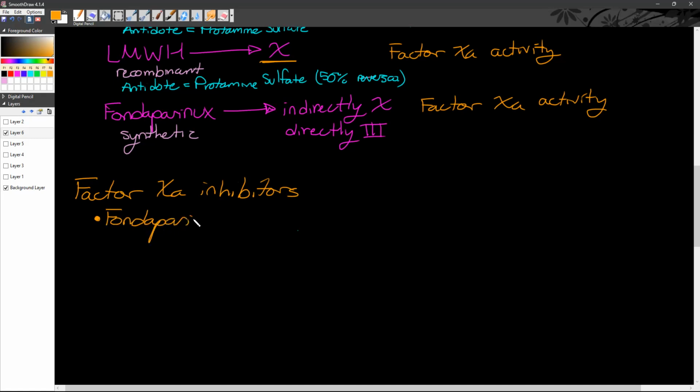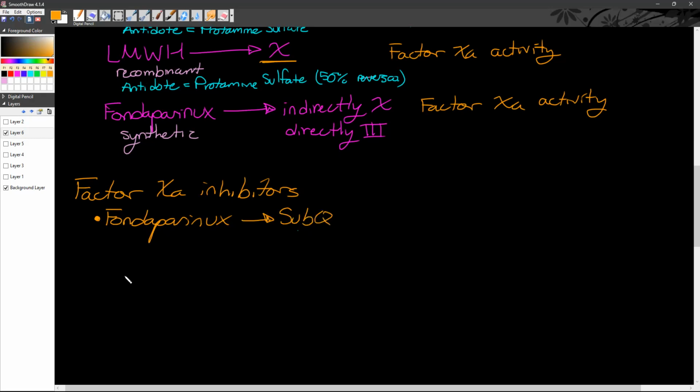And we talked about that yesterday, where fondaparinux indirectly works on factor 10, directly works on antithrombin 3. So is it a factor 10A inhibitor? Yes, it is. What's important to know about fondaparinux is that it's sub-Q only.